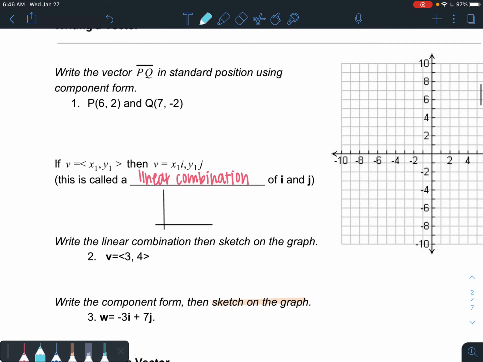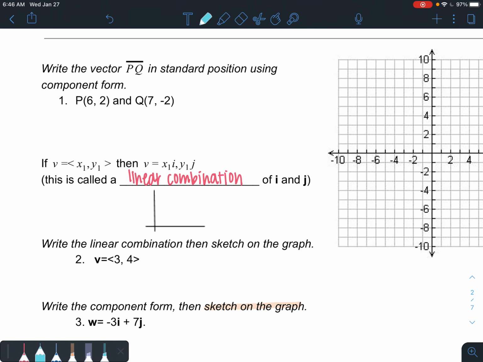All right, so here we're going to write a vector. So we're writing vector PQ in standard position using component form. So what that means is I need my vector. So I'm going to take my terminal side minus my initial side. So Q, according to this, is my terminating side.